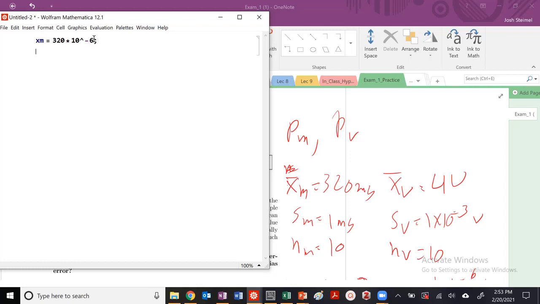But again, you could work out these values yourself. This is a force correlation factor. So the standard deviation of m is equal to 1 times 10 to the minus 6. Again, if I want to go from milligrams to kilograms, nm equals 10. I have xv equals 4. I have sv equals 1 times 10 to the minus 3. I have nv equal to 10.